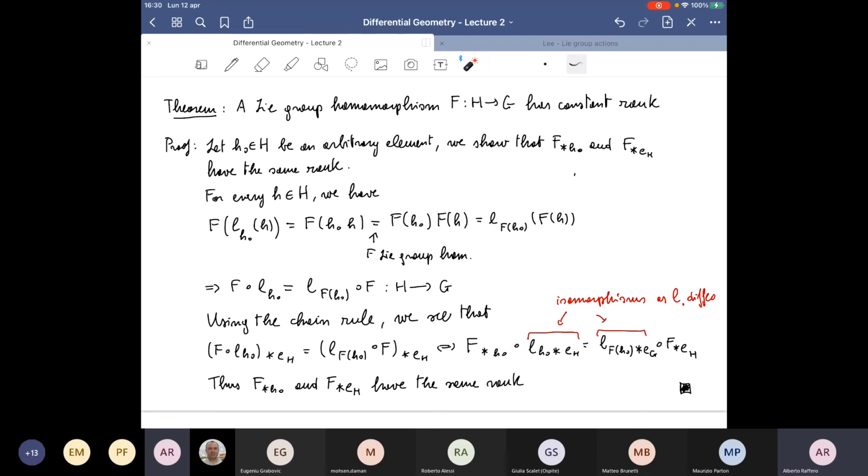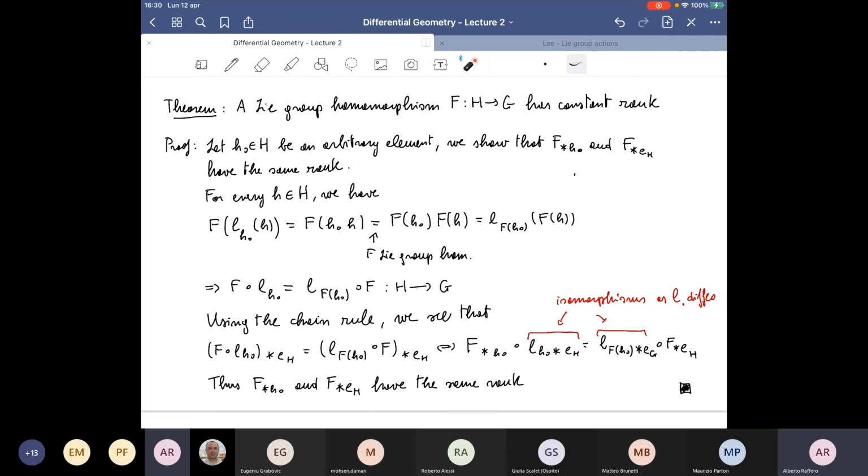So in particular, they don't modify the rank; they are maximal rank maps. And so this tells you that both the differential of F at H0 and the differential of F at the identity of the Lie group H have the same rank. And so any Lie group homomorphism has constant rank.